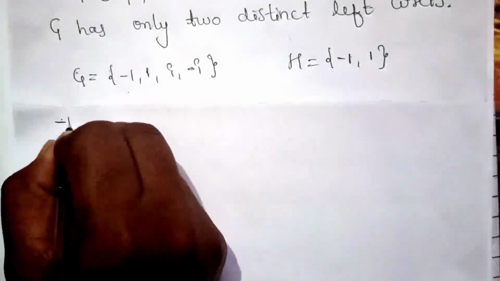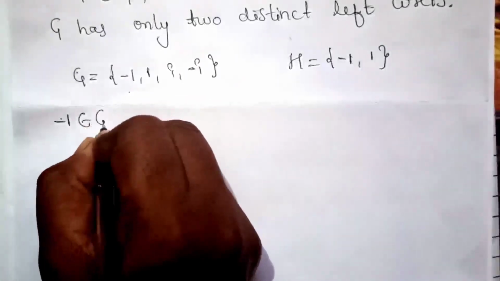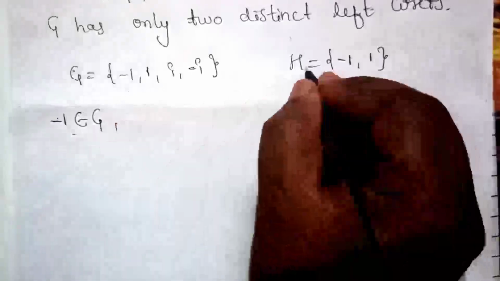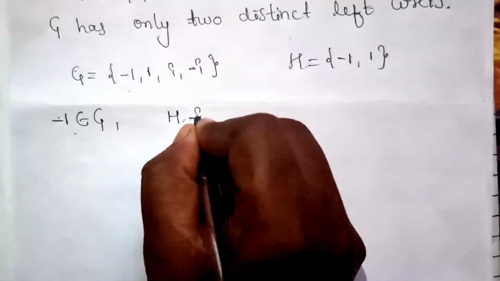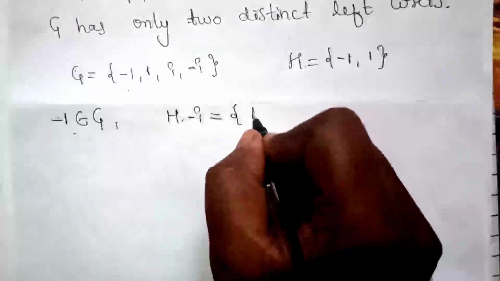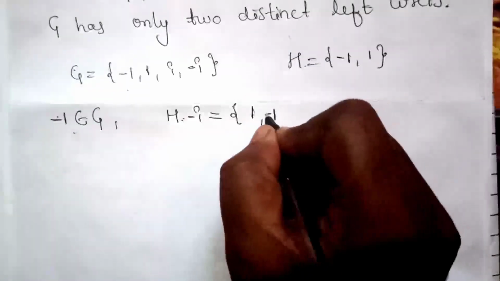So see here, I will consider -1 belongs to G, then we can form the first right coset as H dot -1 equals to -1 into -1 equals to +1, 1 into -1 equals to, we get -1.